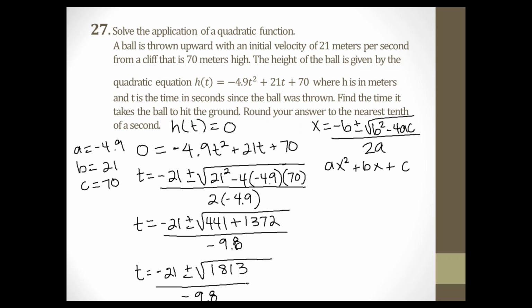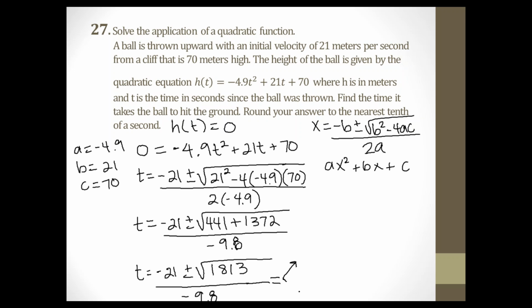I think it's best to round as little as possible. So I would strongly encourage you, using your calculator, to do the numerator as it is and get an answer, then divide by negative 9.8 and round your final answer. And I wonder, do we have a graphing calculator?